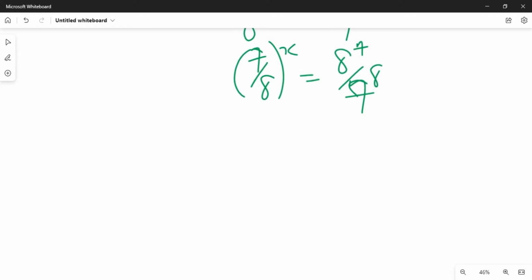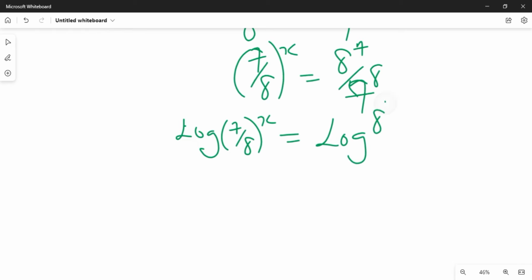If we take the log of both sides, we are going to have a log of 7 over 8 raised to power x will be equal to log of 8 raised to power 7 over 7 raised to power 8.